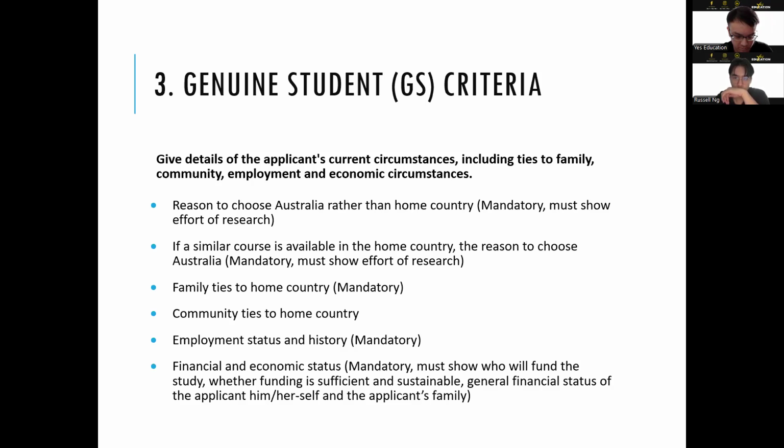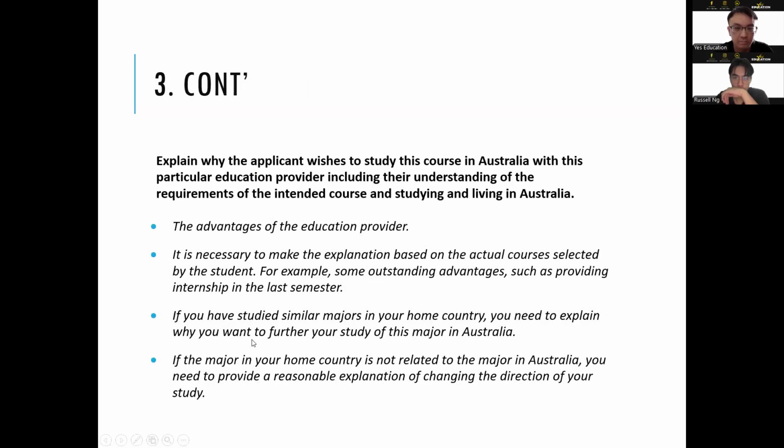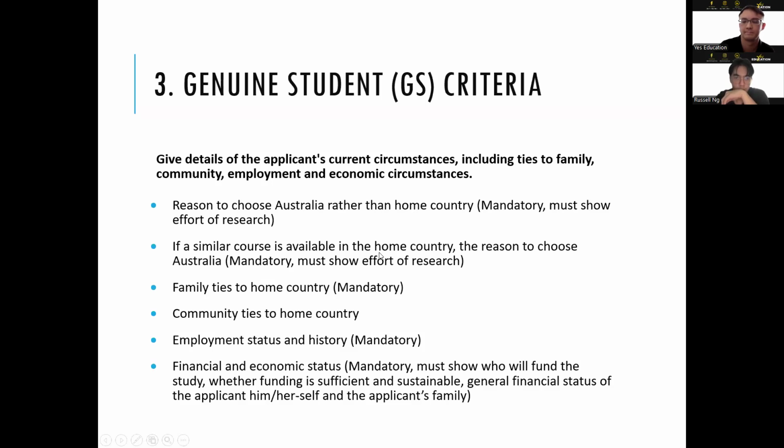Then, if you have a similar course in the home country, you need to explain the reason why you don't choose the course in your home country rather than the same course in Australia. This is also a mandatory argument that you need to make, and you need to show the effort of your research.